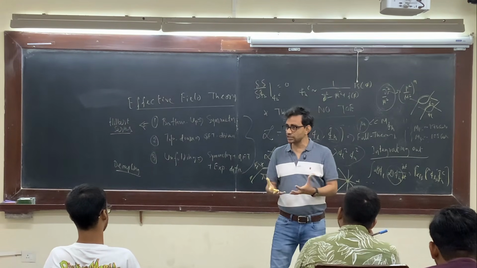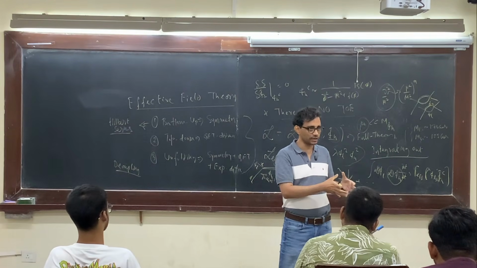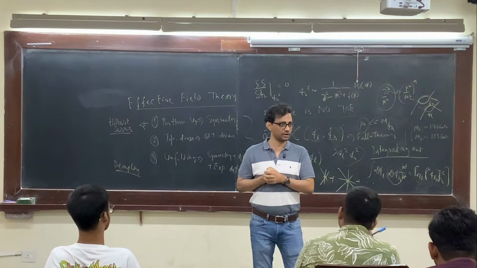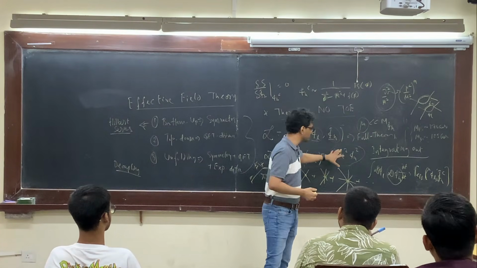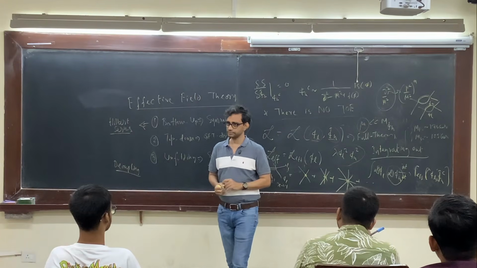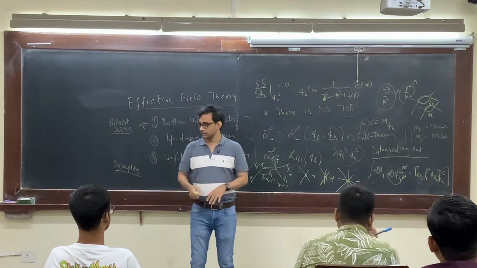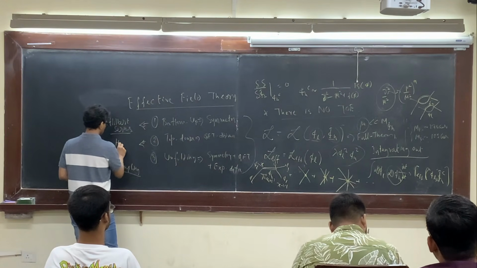It is a combination of local and non-local. But I am interested in the local part. So I have to understand how I can extract the local effective part from there, and that will contribute to my effective Lagrangian. So all of this is captured in the method that I will be discussing in this class, which is called the heat kernel.